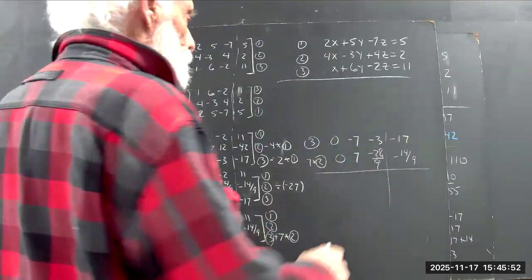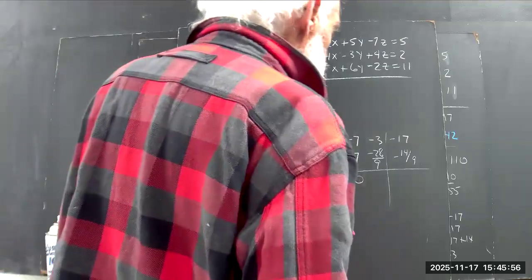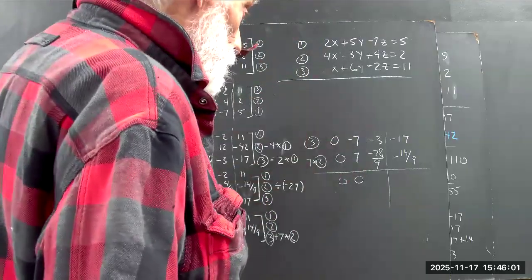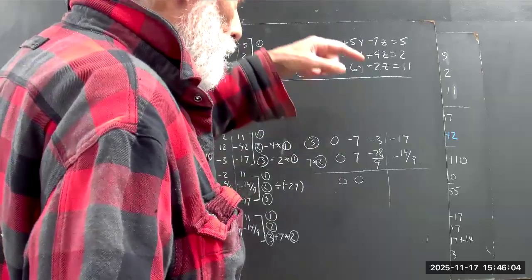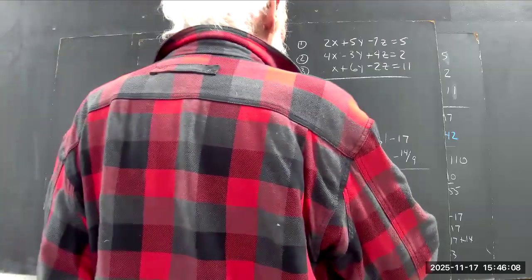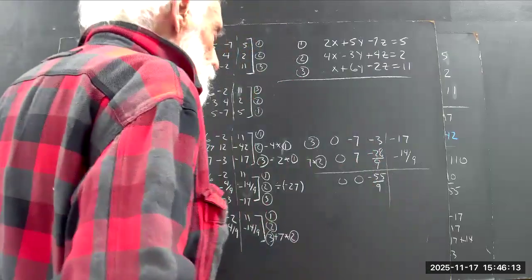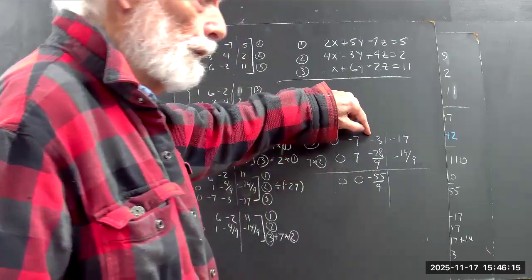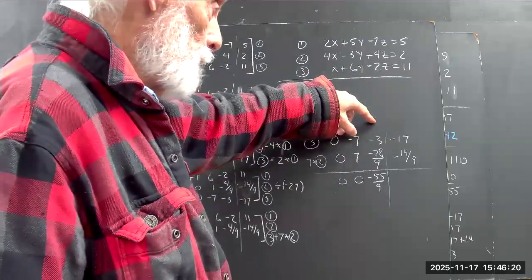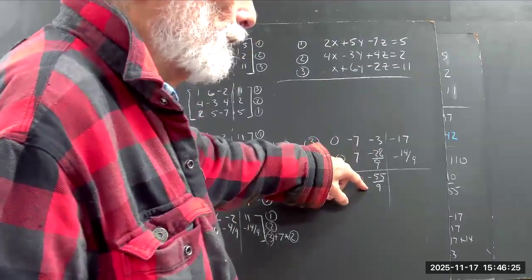We add these up, we get 0, 0. Okay, -3 minus 28/9. -3 is -27/9. It's going to give us -55/9. You can do the fraction, just put the 3 over common denominator, you're going to get 27/9, and it'll be negative. And you add the -28/9 and get this.